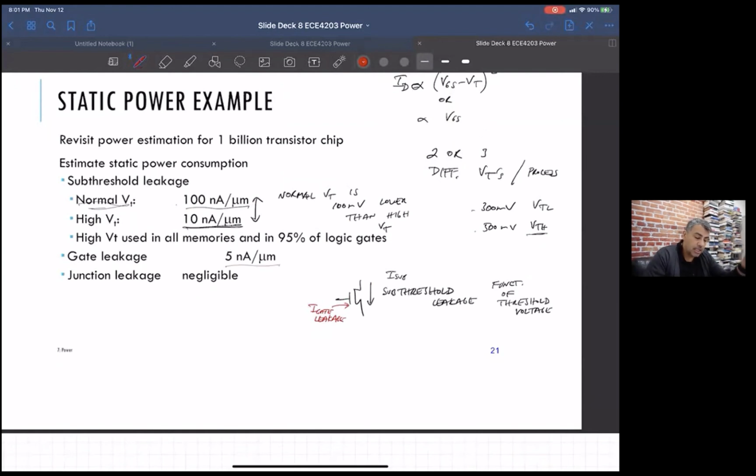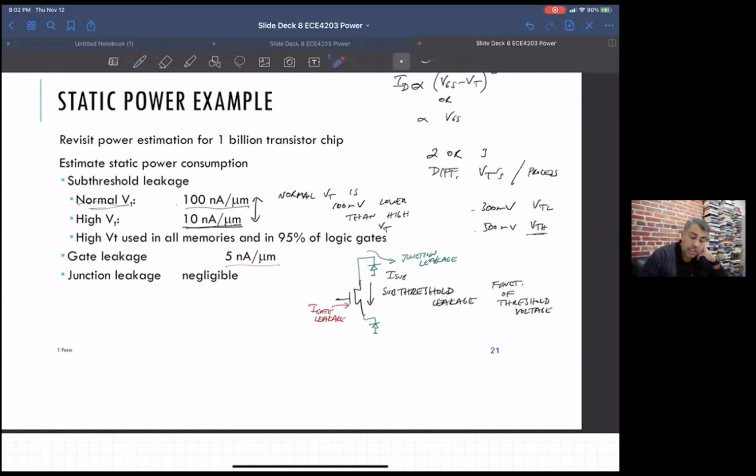Okay. And then lastly, you have reverse bias diodes in your drains and your sources, so this is junction leakage. The subthreshold leakage is leaking from drain to source of the transistor.